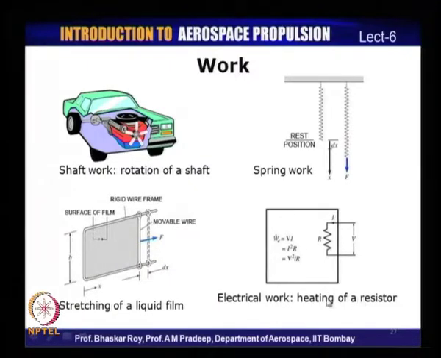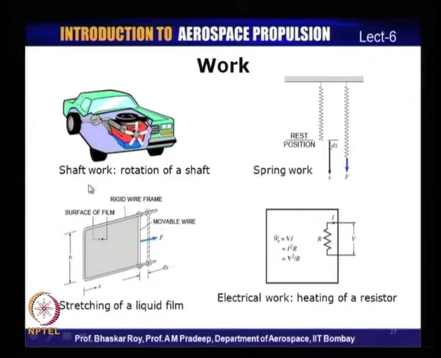Electrical work would involve heating of a resistor, that is, if you have a system which houses a resistor, you supply a certain electrical power to the resistor, and it causes heating of the resistor. And so, there is a work interaction between the system and its surroundings because of heating of this particular resistor.